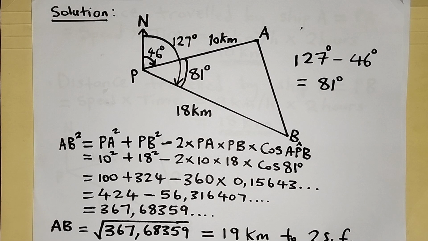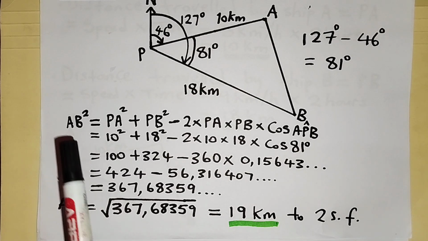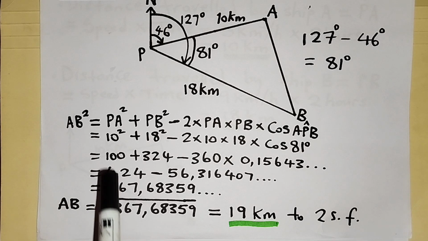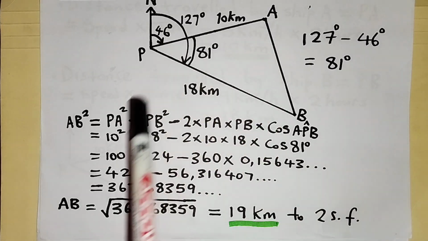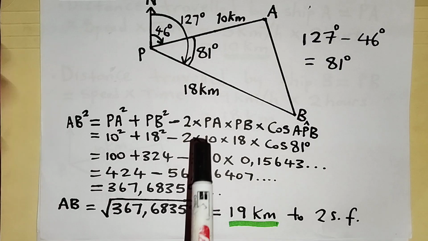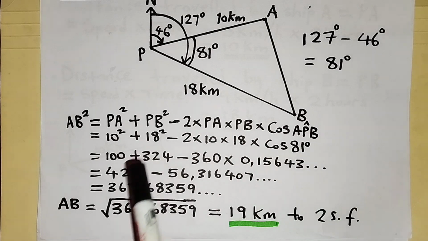So I'm going to use the cosine rule to find the third side of the triangle, in this case AB, which is the distance between the two ships after 2 hours. Using the cosine rule, we say AB squared equals PA squared plus PB squared minus 2 times PA times PB times cos APB.